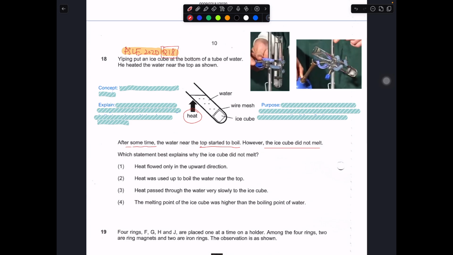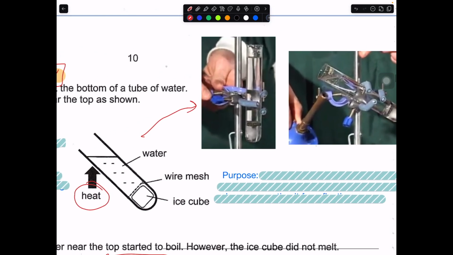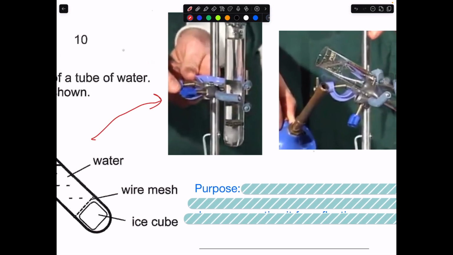Over here, actually this is a real life experiment that a lot of people conduct to try to prove something. They really want to find out if water is a good or poor conductor of heat. That is the main idea. So in real life, people fill a test tube with water, put a wire mesh or iron block on top of an ice cube below. So this is the ice cube.